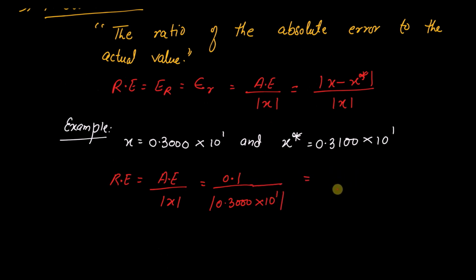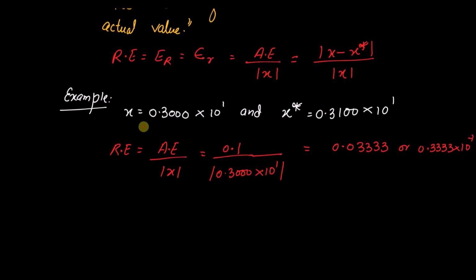We simply divide and we will get 0.03333, or you may write it as 0.3333 multiplied by 10 raised to the power minus 1, right?